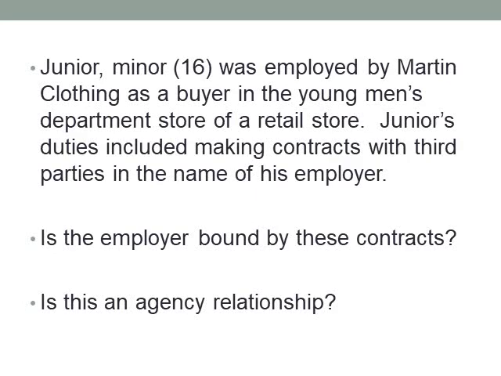It is. We have somebody employing another to work on their behalf. So this is kind of an employee-employer relationship. So it's an agency relationship. Who's the agent? Junior, the minor. Who's the principal? Martin's Clothing. So is Martin's Clothing bound by Junior's contracts?